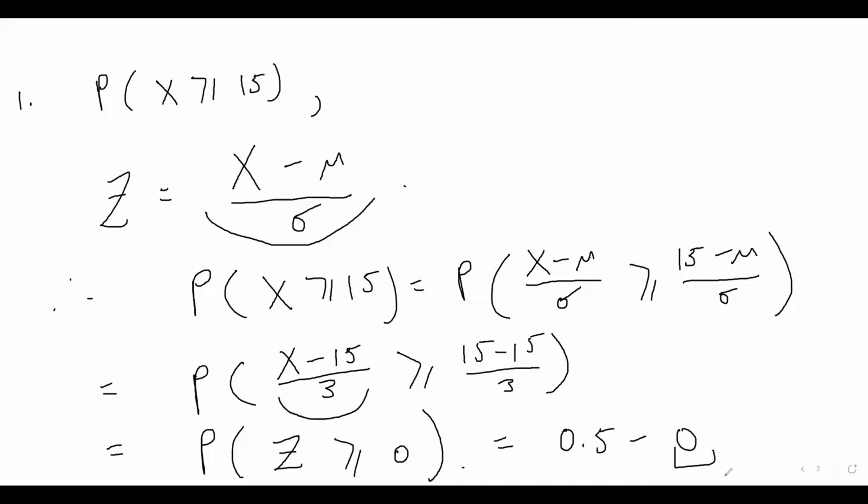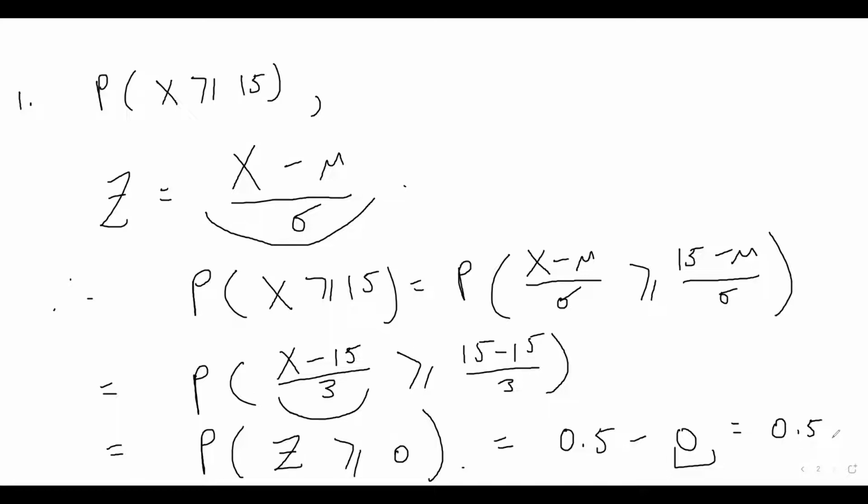And this 0 here is the value of the area between 0 and z that we found on the standard normal table. So the probability that z is at least 0 is equal to 0.5 minus 0, which obviously gives us 0.5. So that's how you evaluate this one.